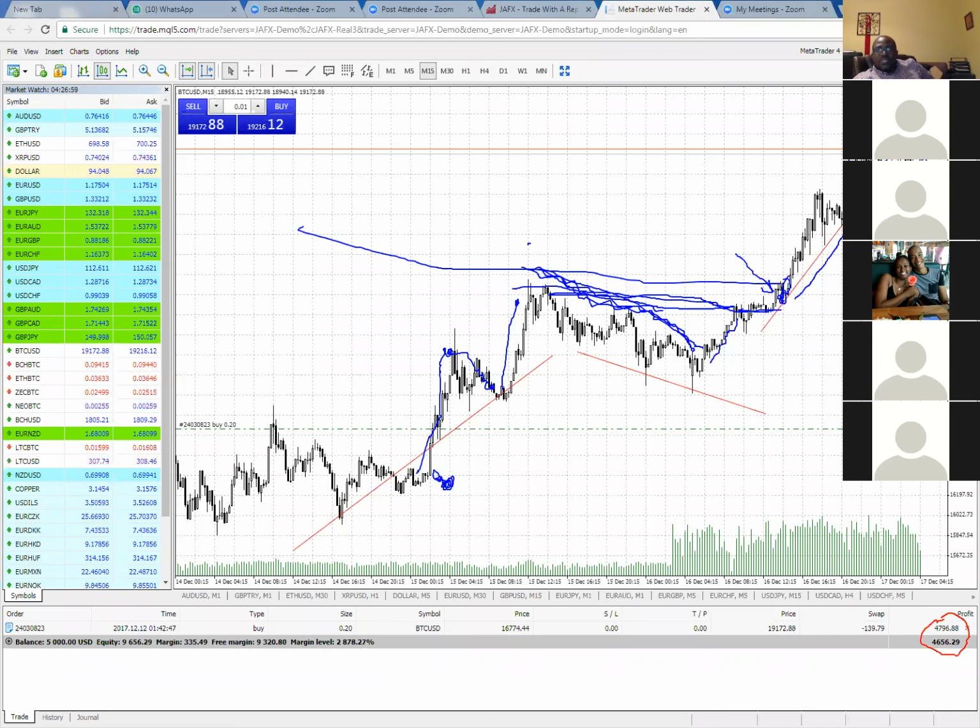So if I was able to get back in this trade even here, knowing that Bitcoin is ultimately going to be going higher, even if it continues to go a bit lower, I will still not have lost anything. Do you understand what I'm saying?